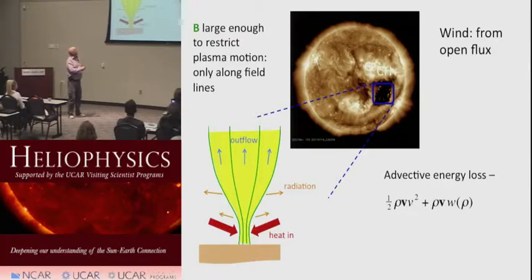Now there is 1.3 megakelvin material here, it's just at a much lower density and therefore appears kind of black. But if you measure the brightness from there and the brightness from there, they're different by a factor of 100, which means the density is a factor of 10 different. That's not enormous. It's not like there's zero density there. It's just that your eye makes this look very dark.